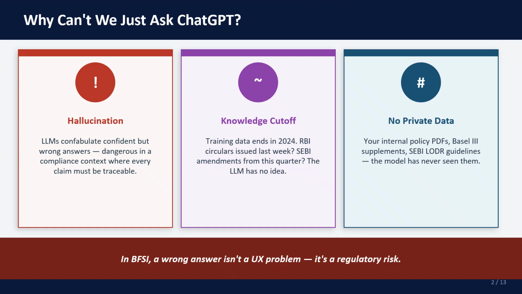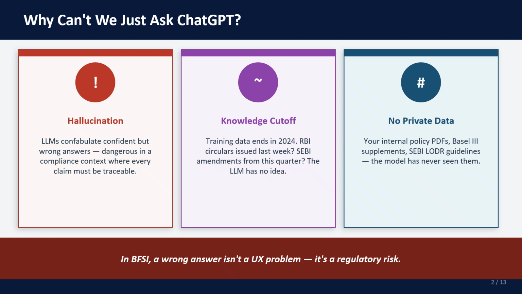Moving to the next slide, which starts with the question, why can't we just ask ChatGPT? The very first question people usually ask is, why can't we just type our question into ChatGPT and be done with it? It's a fair question. The answer comes down to three fundamental limitations of standard large language models.